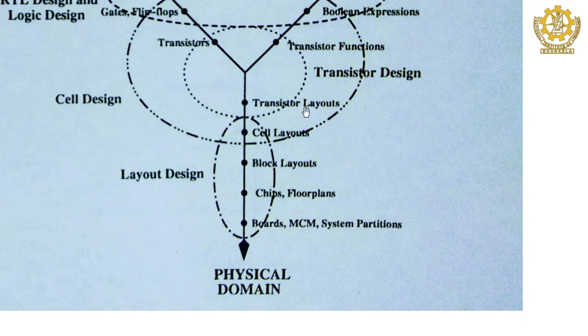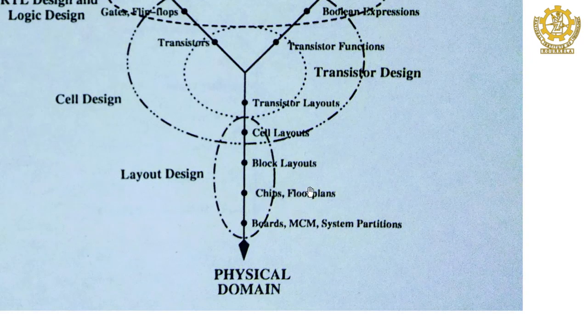Then finally, the transistors in the physical domain: as I told you, we go more towards the siliconization of the transistors, okay. In the final level, each cell or each transistor will have its layout. Each layout consists of one cell, so we can call it the cell layout. Then cells will make up a block, and blocks will make up an entire system that can be fabricated in chips, okay.